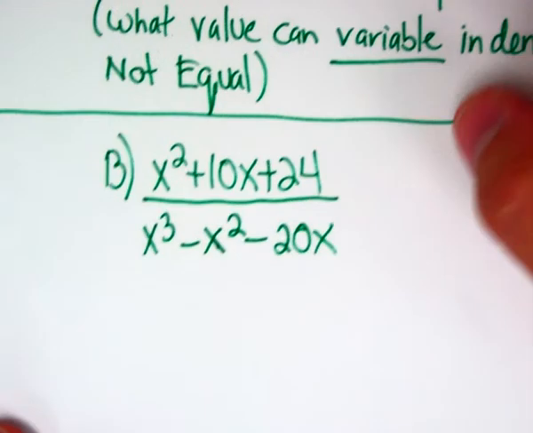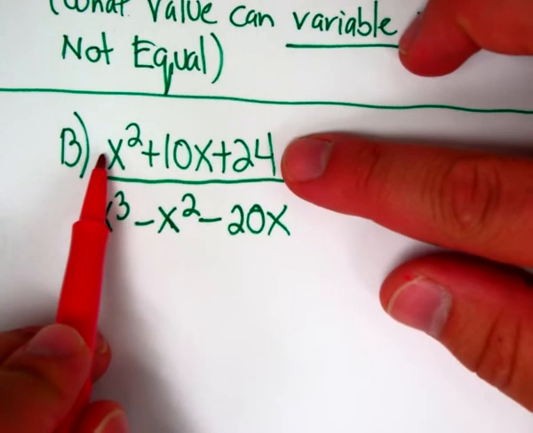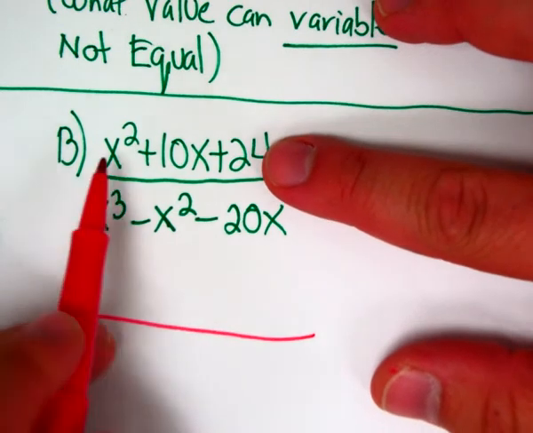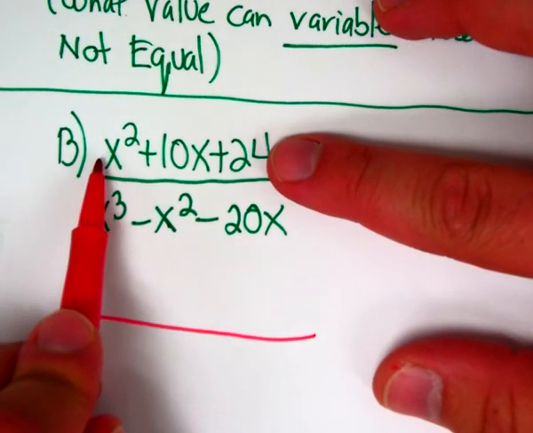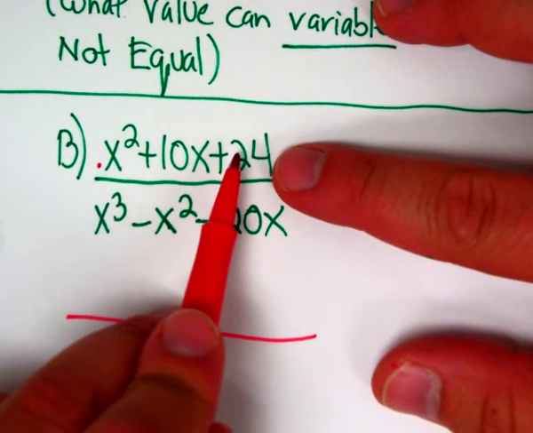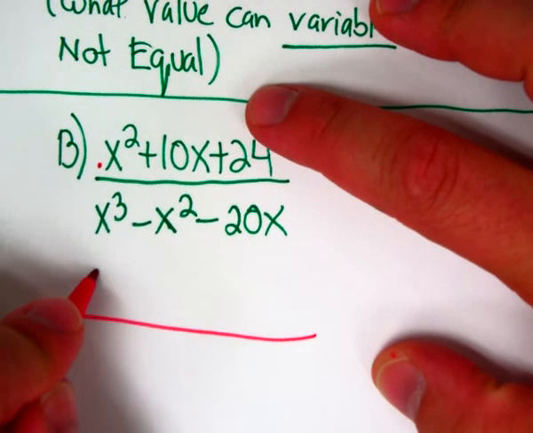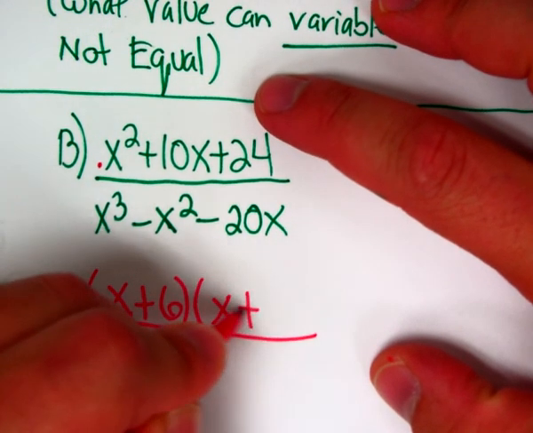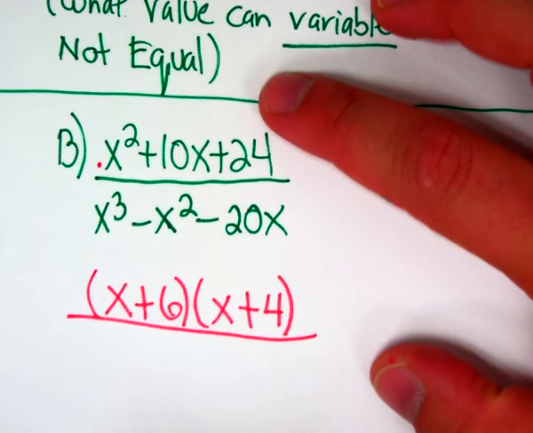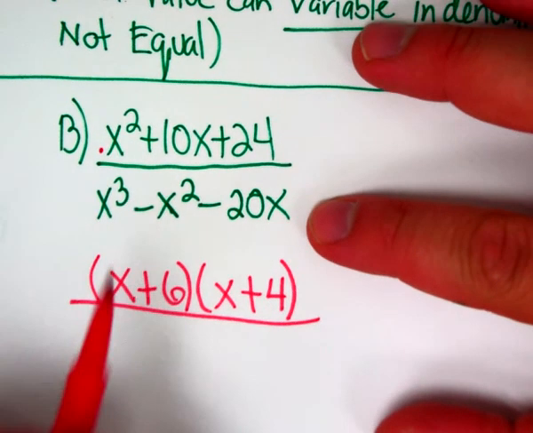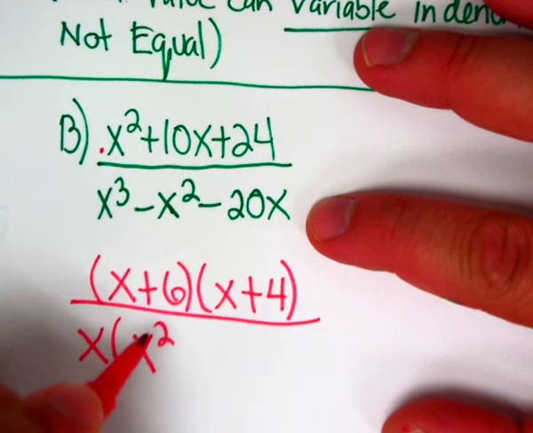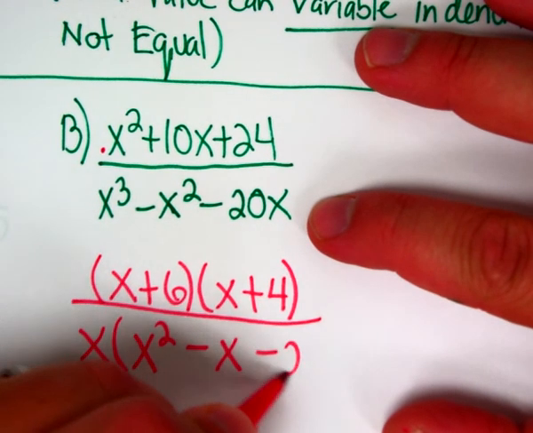So here's letter B. Trinomial. Look at the top one. There's no leading coefficient, or it's a leading coefficient of 1, which means the factors of 24 that add up to 10 are going to be x plus 6 and x plus 4. For this one down here, we're going to be able to take out an x, and that's going to leave us with an x squared minus x minus 20.